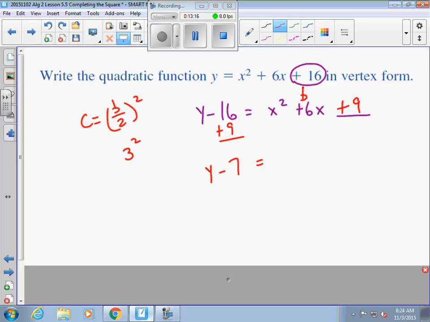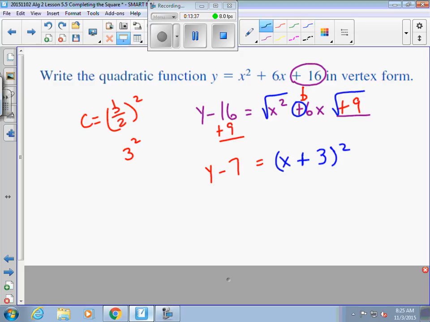Remember to factor this one out. It's the square root of the first term, x. The square root of the last term, 3. The sign in front of b, plus. So x plus 3 squared. Almost finished. Almost have vertex form.